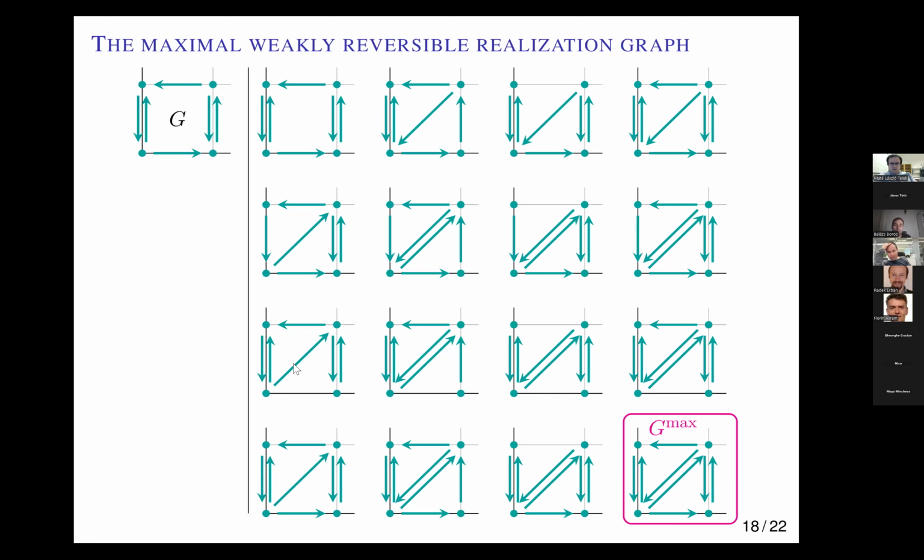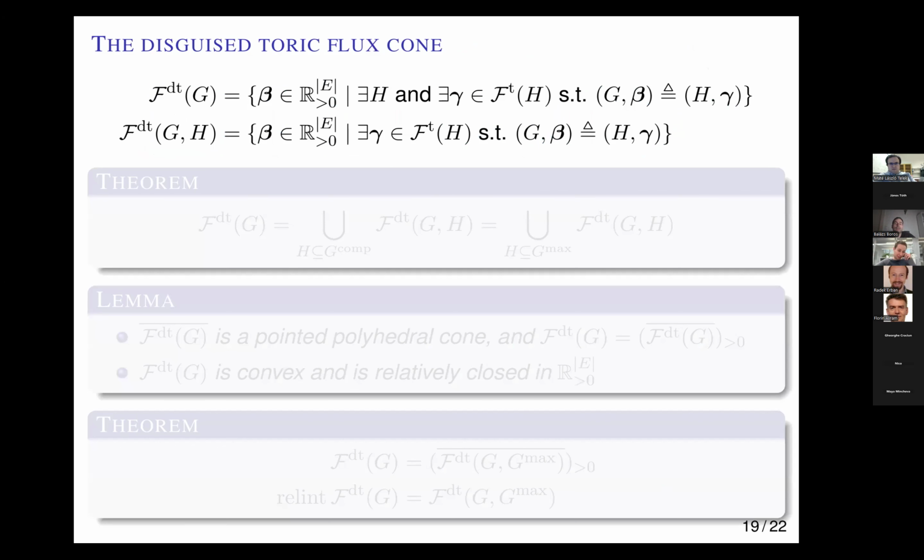If you consider these 16 graphs as a partially ordered set, induced by the subgraph relation, then there is always one sitting on the top of this partially ordered set, which is the unique maximal element, G max. And what we claim eventually is that it's enough to work with G max.